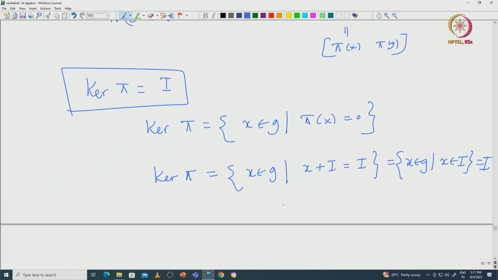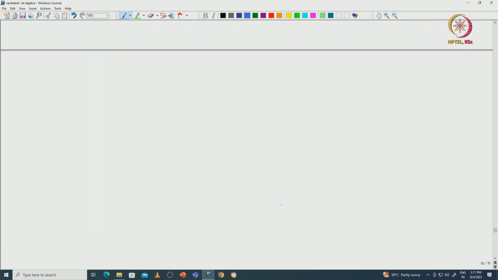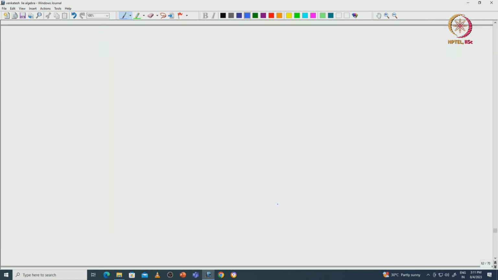If I start with some ideal that contains I, let us say J is an ideal of G that also contains I. So let me rewrite: I is an ideal inside G, I is contained in J, and J is also an ideal in G.